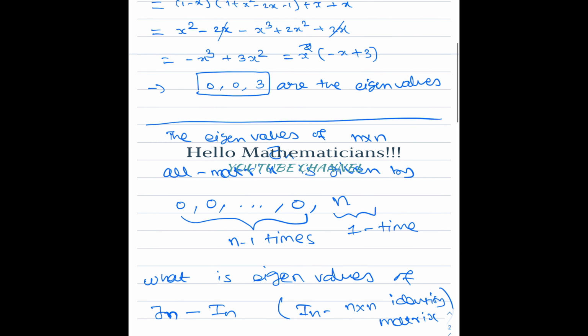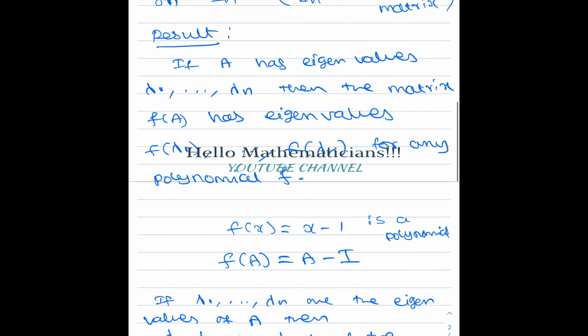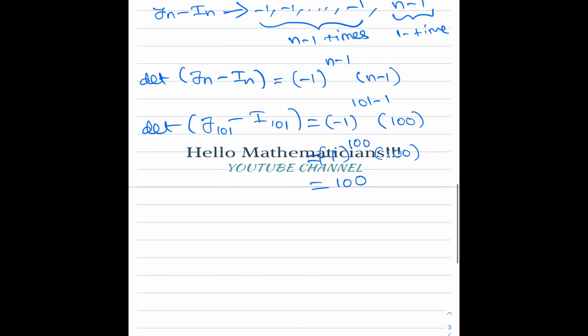Therefore we said the eigenvalues of the all one matrix are 0, n minus 1 times, and n, 1 time. We didn't actually prove it. So for the rest of this video, I'll prove this result: why the all one matrix has 0 n minus 1 times and n 1 time as eigenvalues.